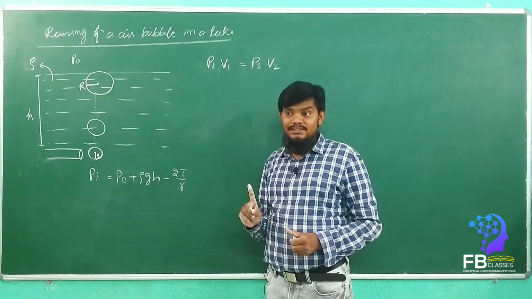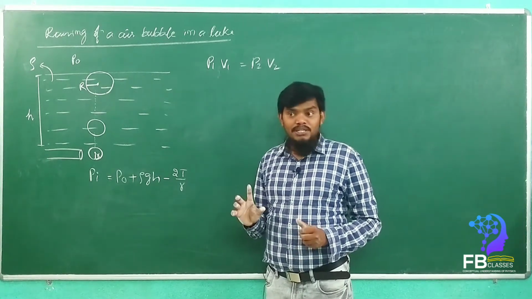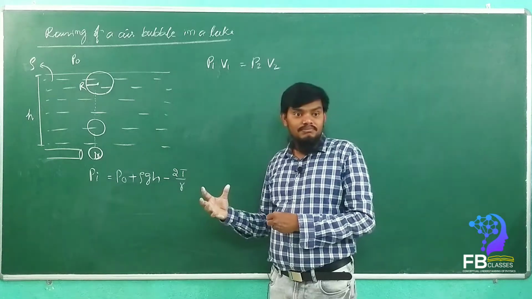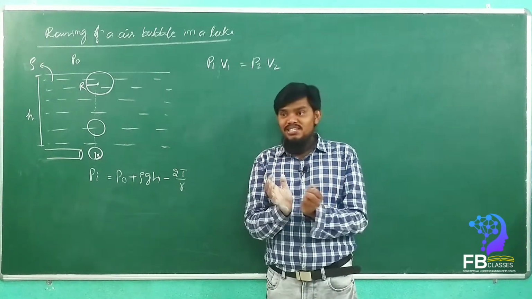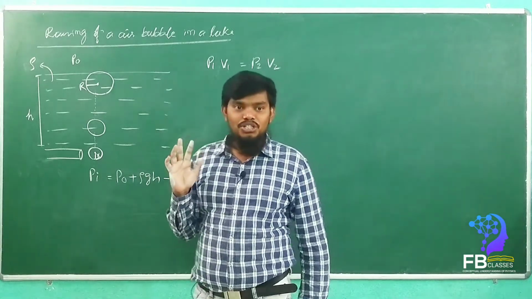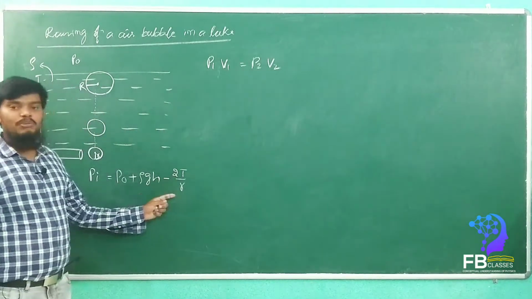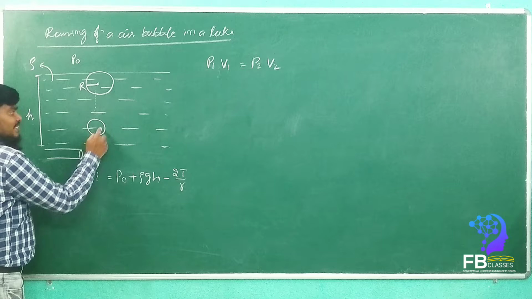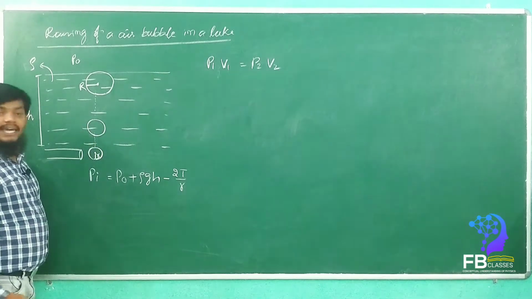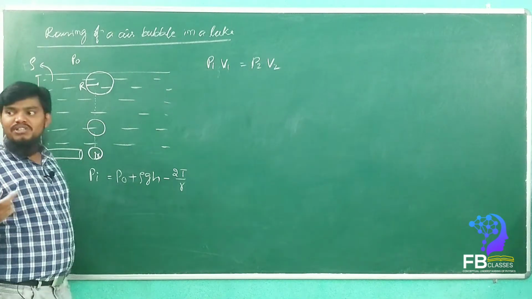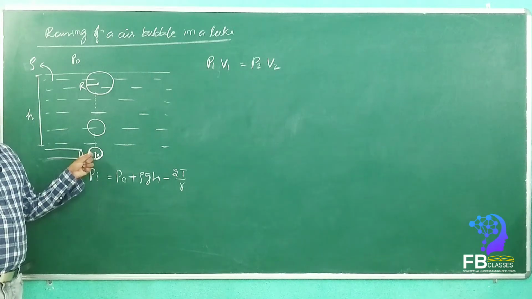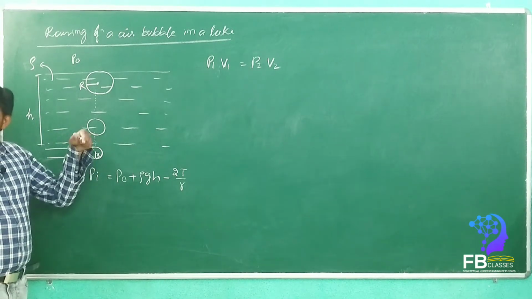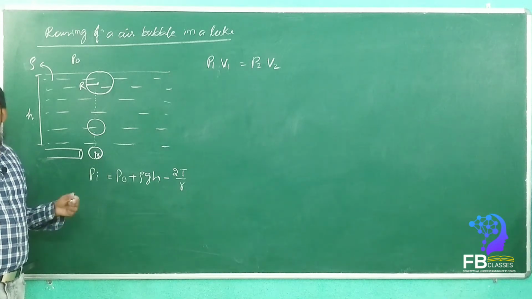But it is not like that. So memorize it in such a way that one surface is 2T by r, two surfaces is 4T by r. Got it? So here it is 2T by r, because only one surface is exposed to the air, the other surface is in contact with the water. Even so, we can call it an air bubble, because air is there inside.